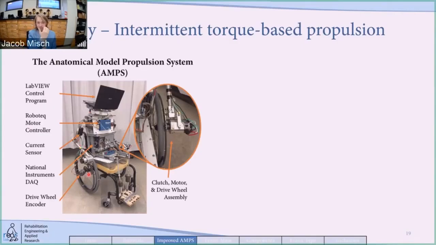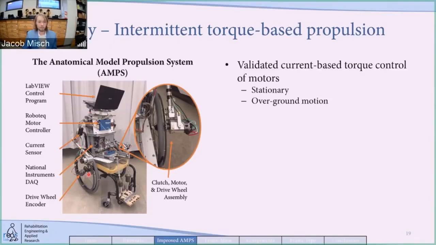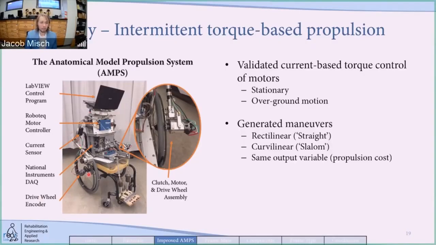So in summary of this section, I've showed you the validation of the current-based torque control of the motors in both stationary and in overground motion. I've shown you our generated maneuvers that emulate different parts of wheelchair motion in both rectilinear or straight motion and curvilinear or slalom serpentine motion.